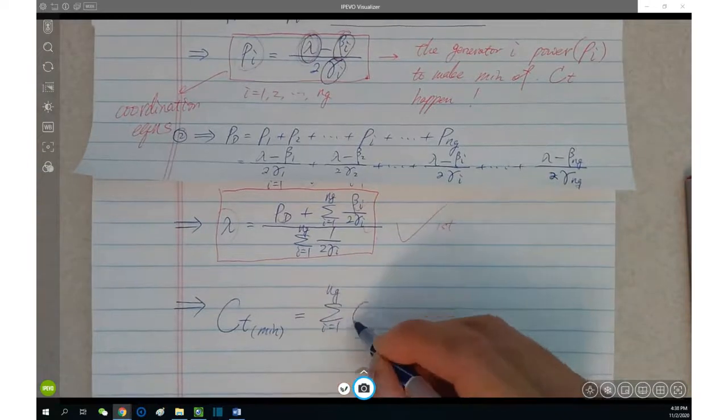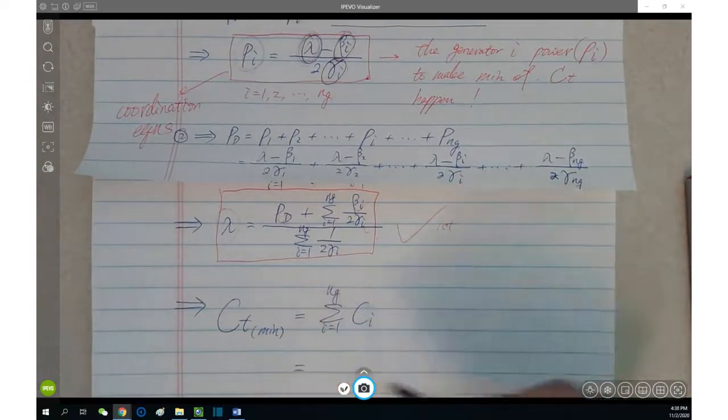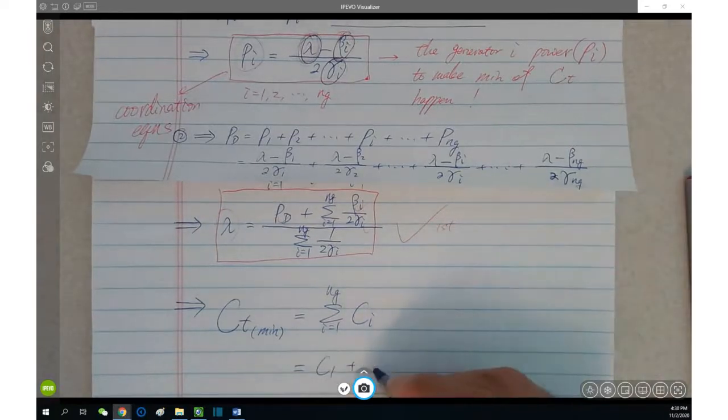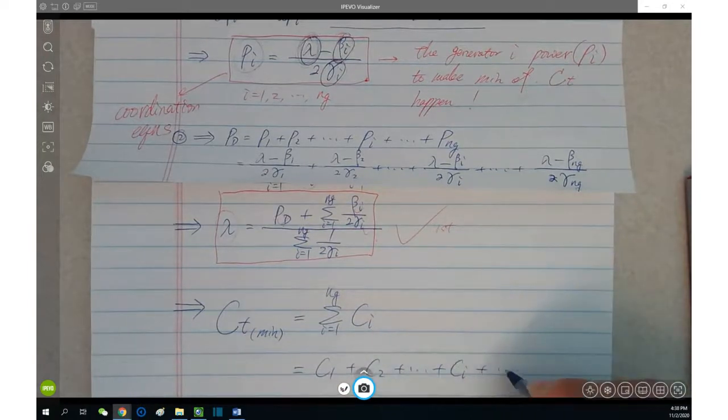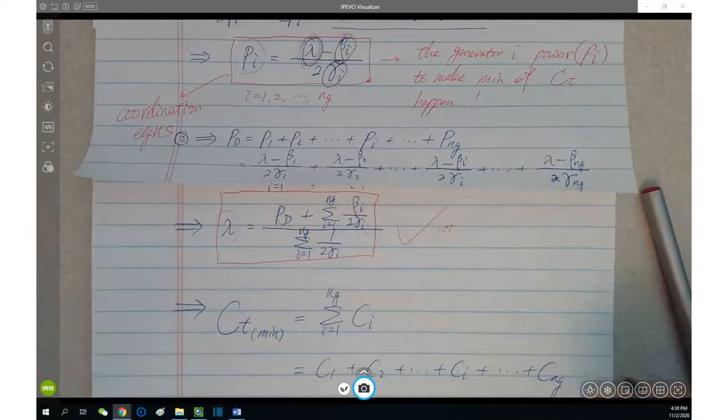This is the definition. And then what you need to do is just sum up all of the individual generator cost functions.